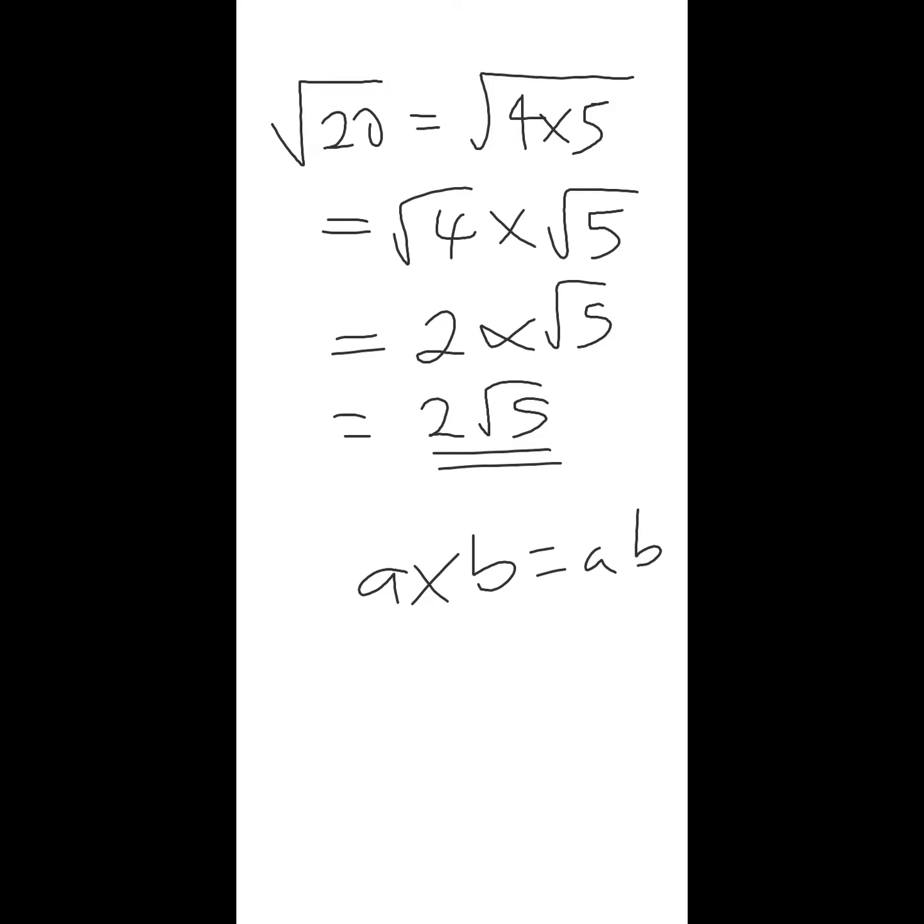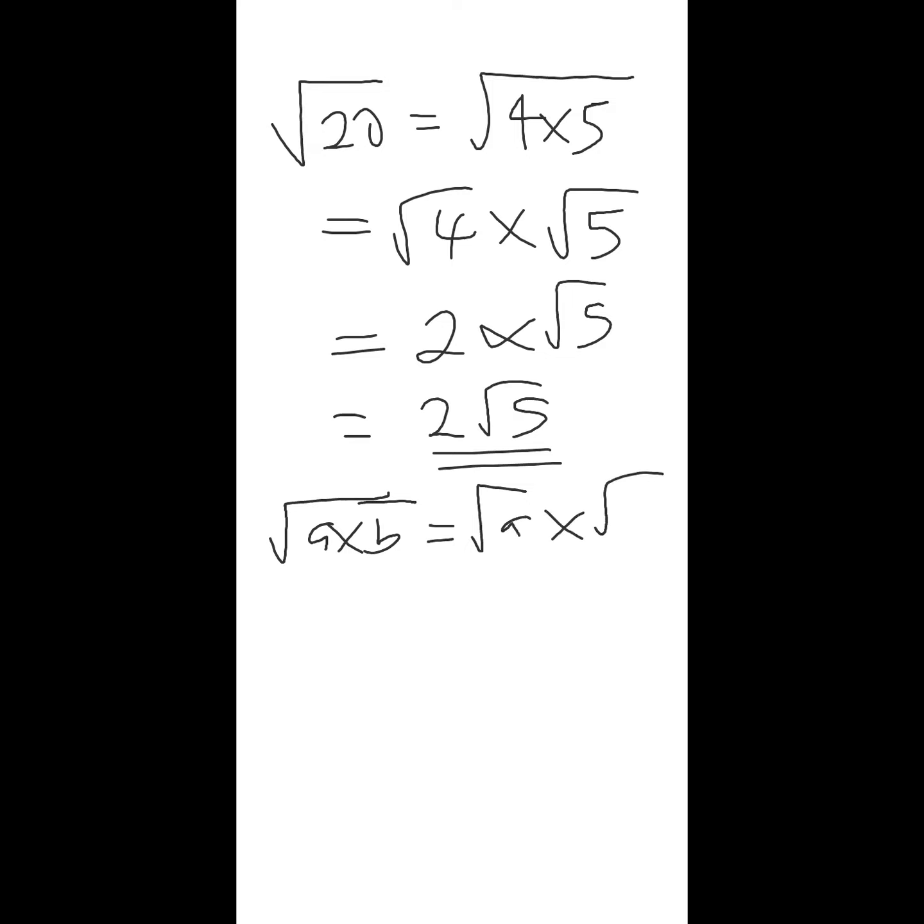And then, of course, let me quickly give you an algebraic expression of this. When you have a square root and you are multiplying two numbers under the same square root, you are allowed to split. So root of A times B simply will give you root A times root B. It is allowed.